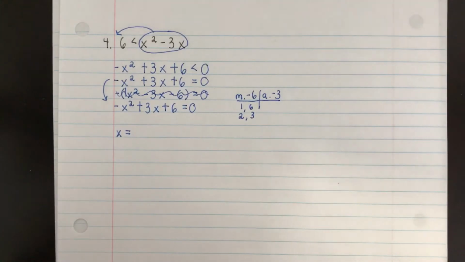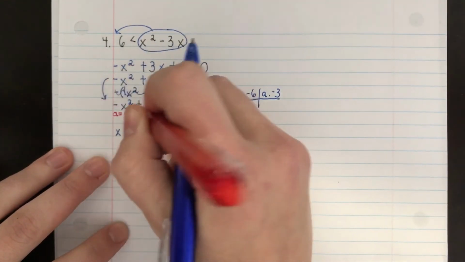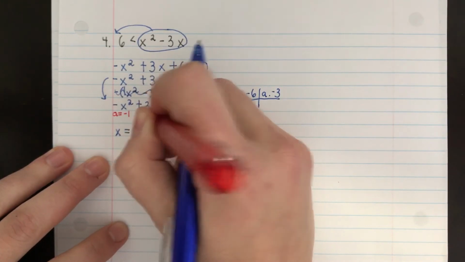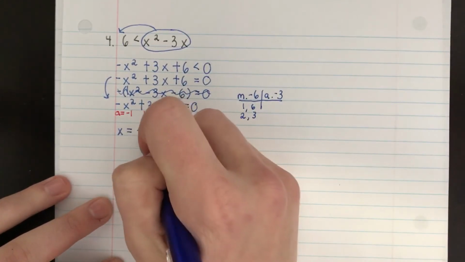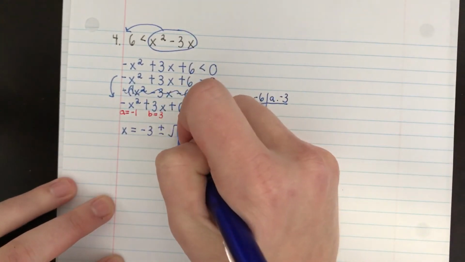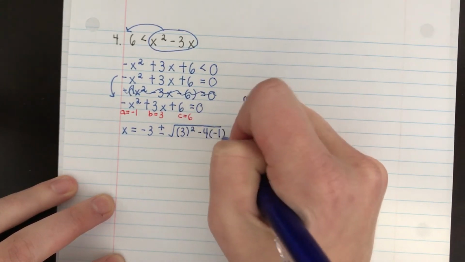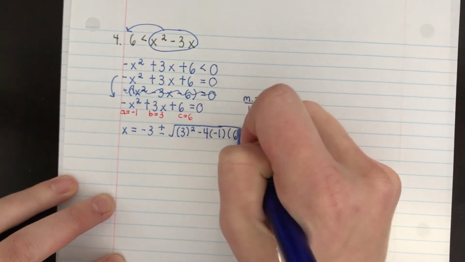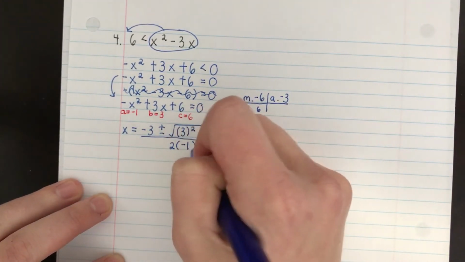So remember that a is negative 1, b is 3, and c is 6. So x equals opposite of b plus or minus the square root of b squared minus 4 times a times c all over 2 times a.